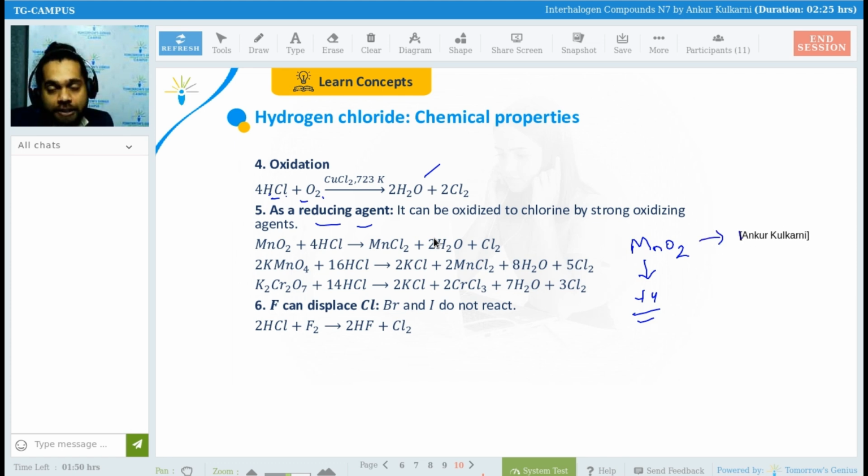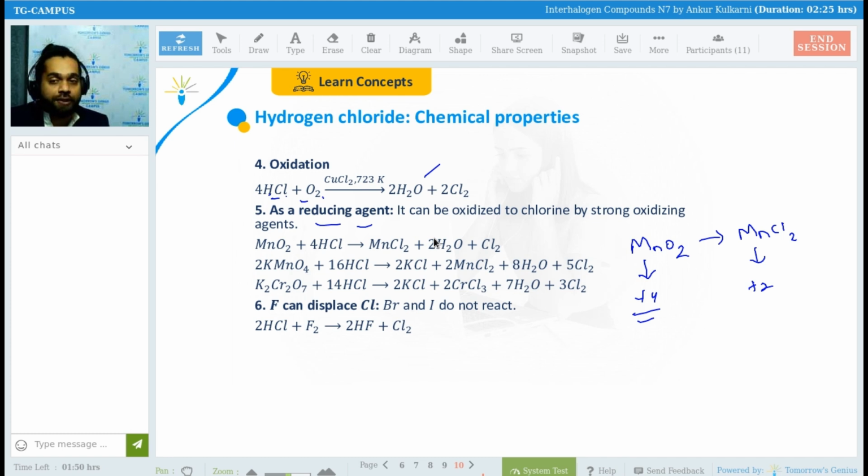Now, MnO2 to MnCl2. What is the oxidation state of Mn in MnCl2? Yes, Sashidharan, quickly. Correct? Plus 2. So plus 4 to plus 2, Anmoldeep, Sarjana, what is this?